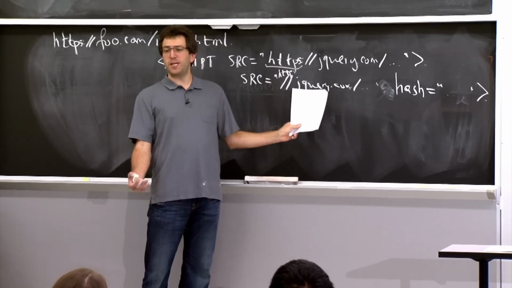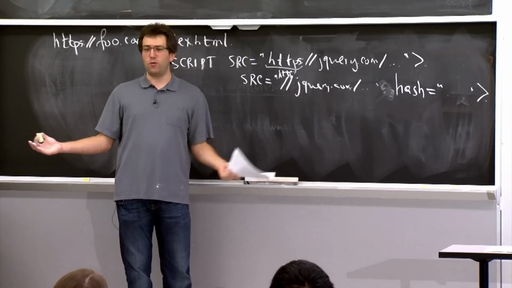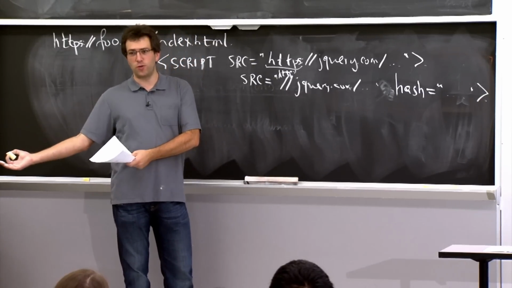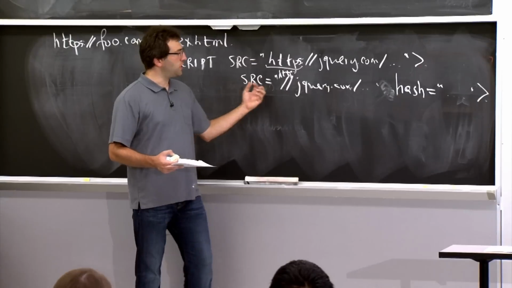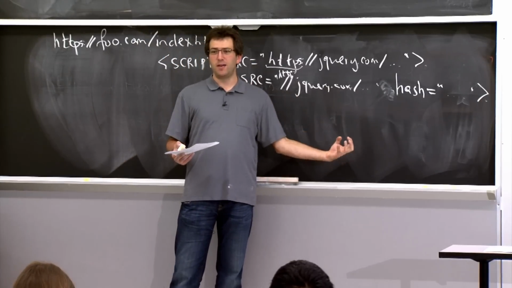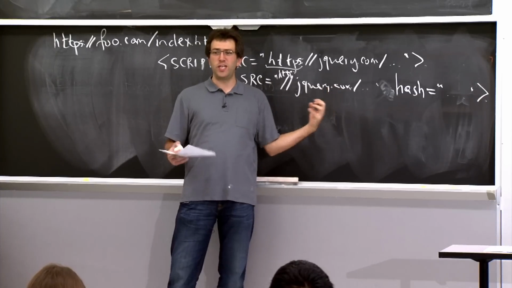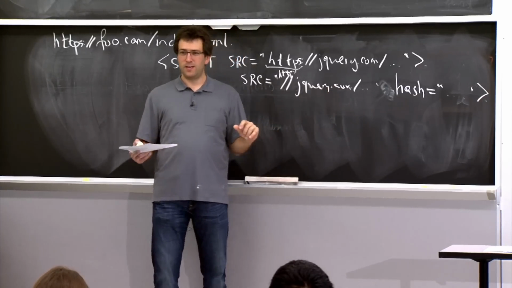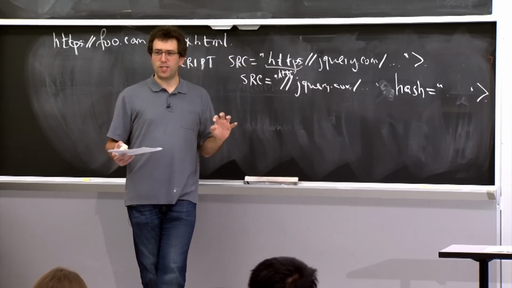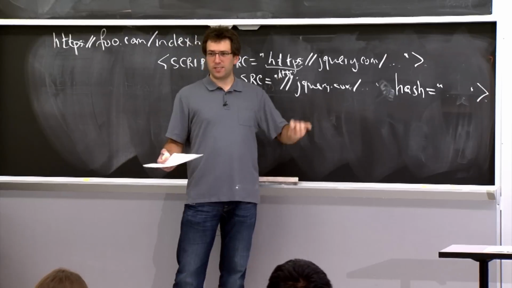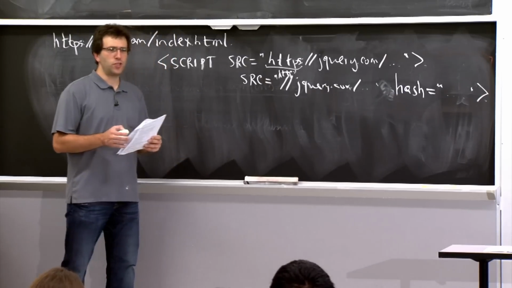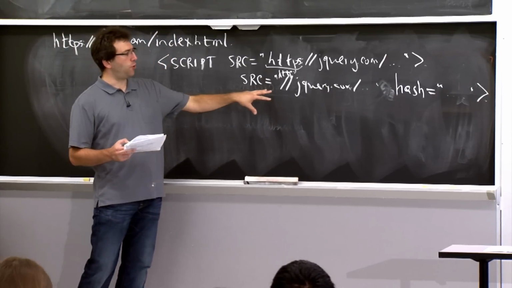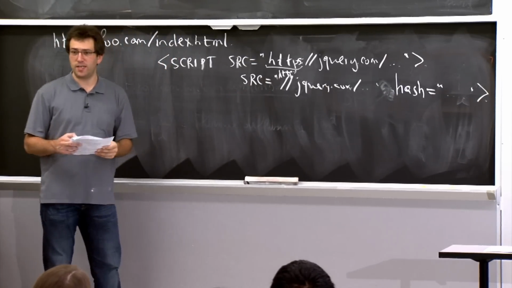For jQuery, this makes a lot of sense because jQuery is well known. You're not trying to hide what jQuery's source code is. But what you do want to make sure is that a network attacker cannot intercept your connection and supply a malicious version of jQuery that's going to leak your cookies. Does that make sense? It's absolutely true that anyone can compute the hash of these things by themselves. So this is a solution for integrity problems, not for confidentiality.